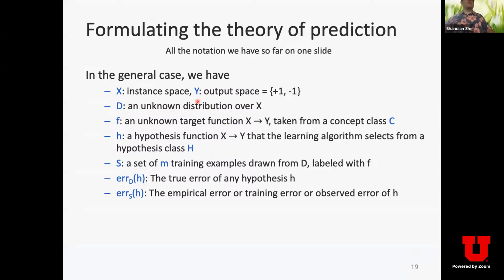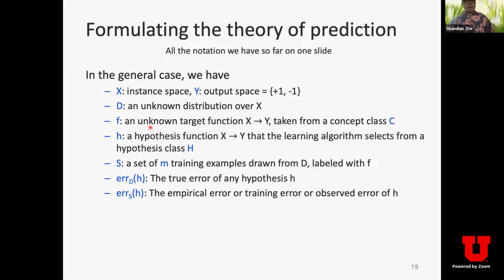Why? Because we assume that our training instances and test instances are drawn from this unknown data distribution. This is very important because we have to make such an assumption to be able to derive some generalization error estimate or bound. You will see that later.